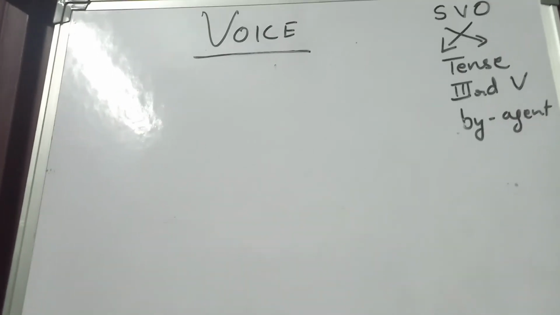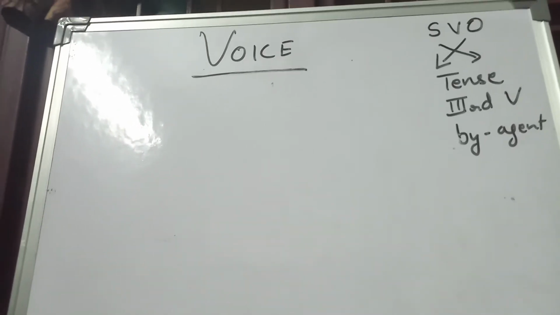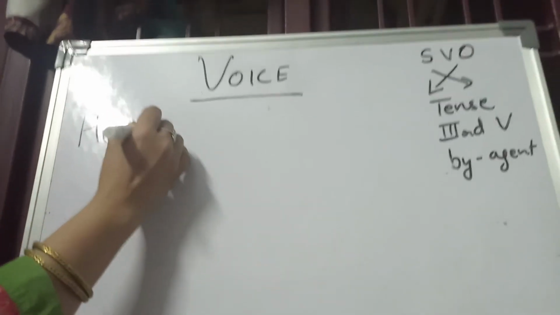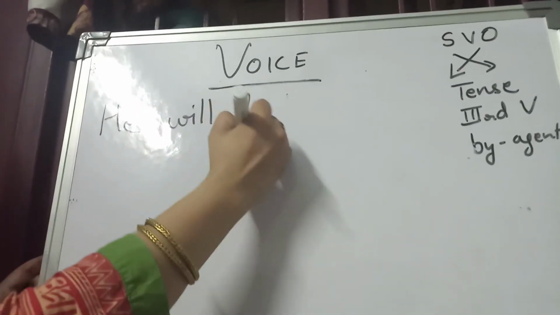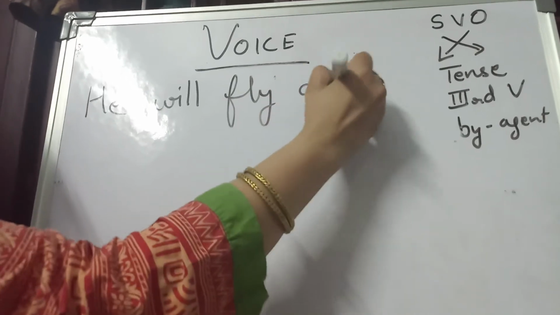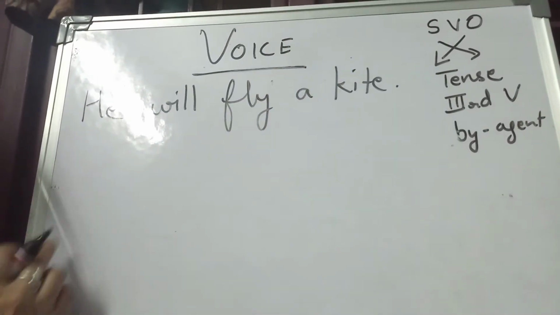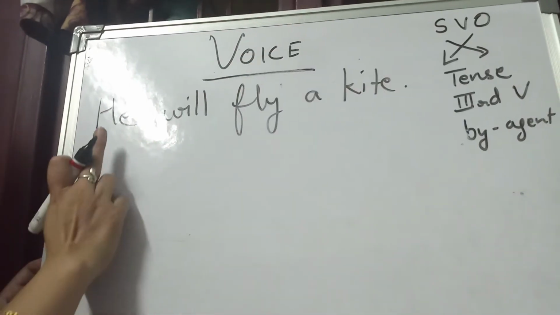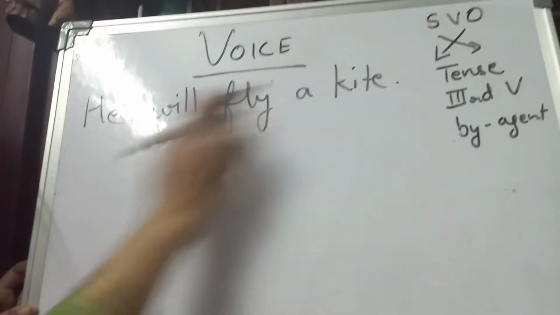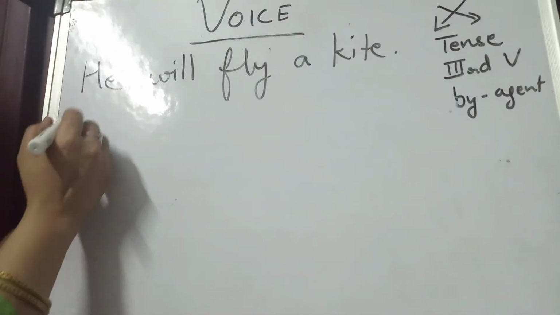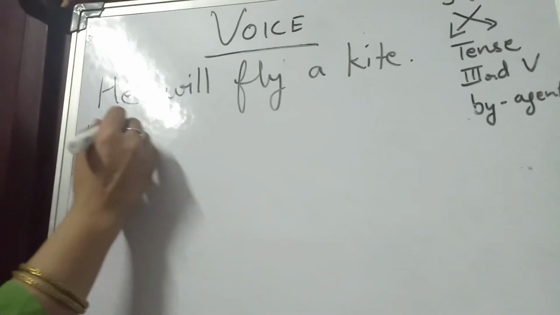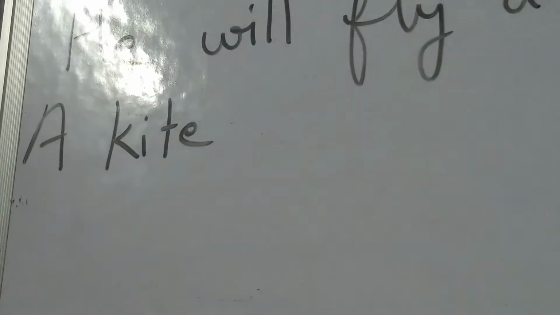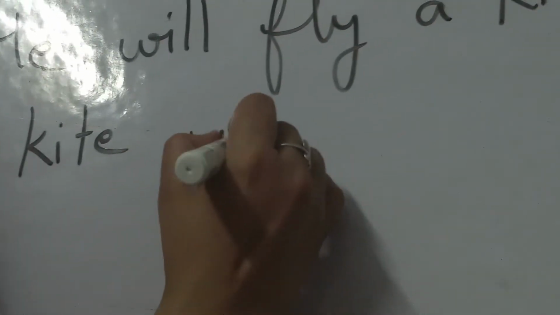Now we come to future indefinite. He will fly a kite. First rule, subject, verb, object. Now second rule, a crisscross or exchange, a kite. Future, will.